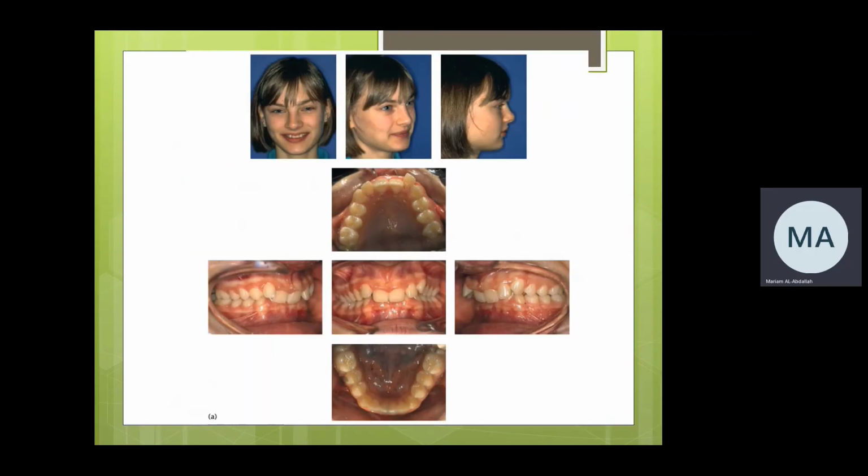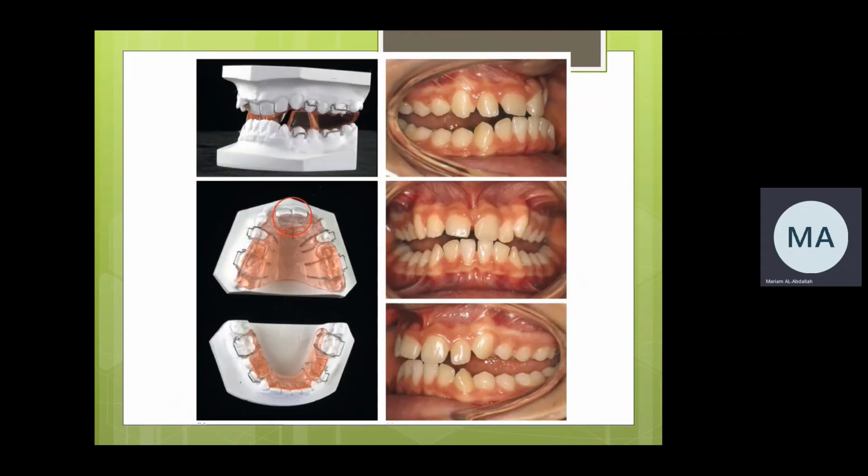So this is an example of a patient who's a classical class 2 division 2 incisor classification on a class 2 skeletal base with class 2 buccal segment relationship, deep overbite, and classically retroclined upper central incisors and proclined upper lateral incisors. So we need to modify growth for this patient.